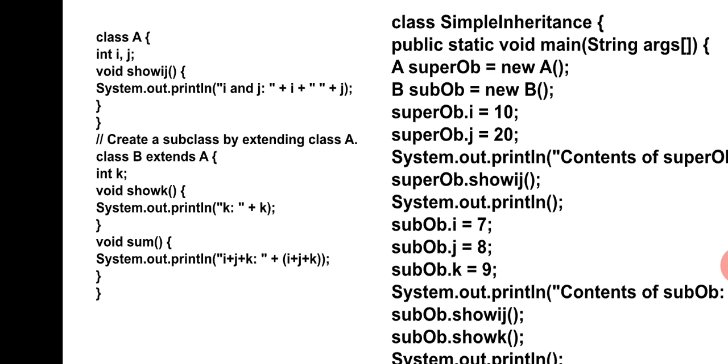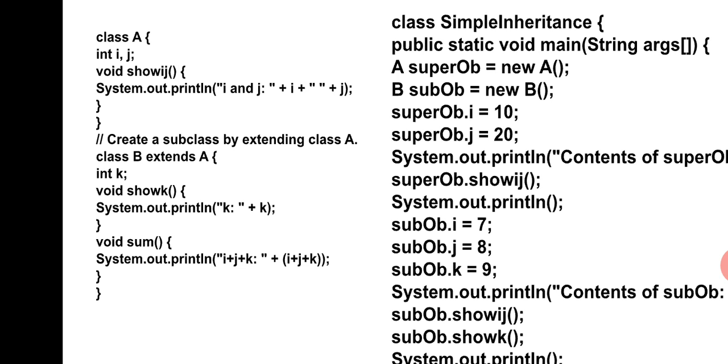Now when you come to the next part, you can see how exactly you can inherit the properties of A using B. You write class B extends A. That means class B now has the permission to access the properties of class A. Inside class B you have one variable int k, and a method void showk with a print statement to print the value of k.